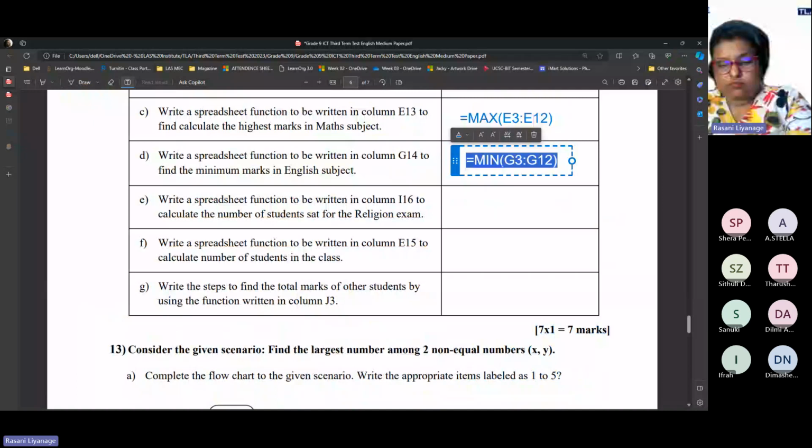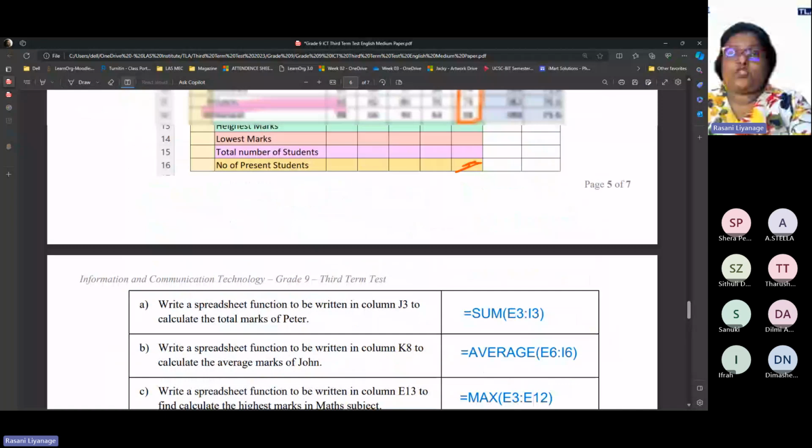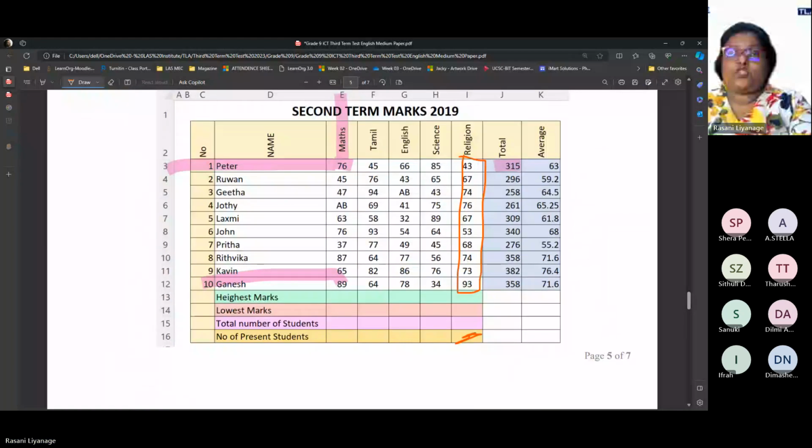Now they're going to calculate the total number of students in the class. This is something important. To get the total number of students, what are the things that we have to count? Either these names or these numbers.